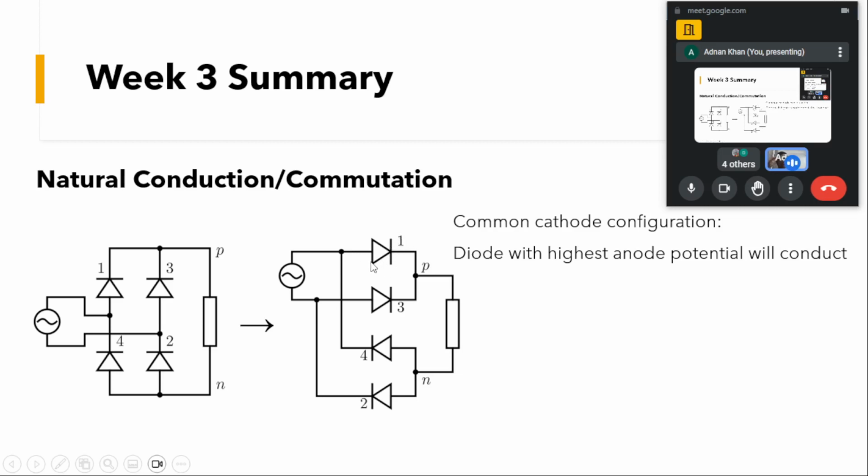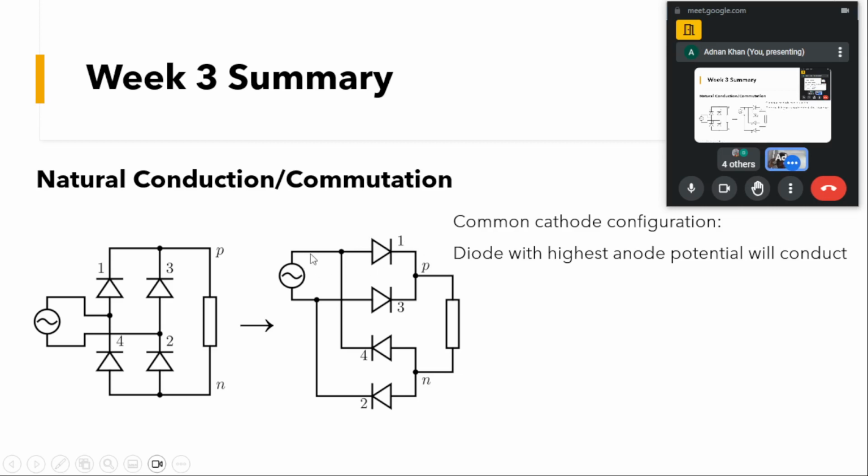Diode 1 anode will be at a positive potential and diode 3 will be at some negative potential. So diode 1 will be at a higher positive potential than diode 3. Let us first talk about diode 1. When this is at higher potential, this point will be at a lower potential, so this diode 1 will be forward biased.